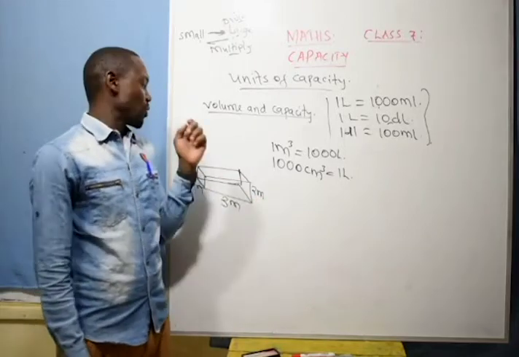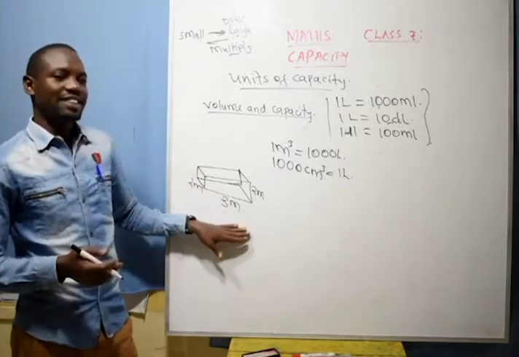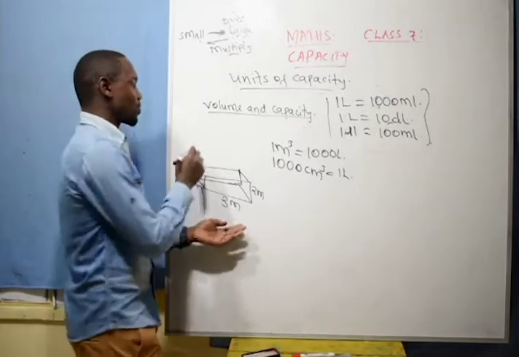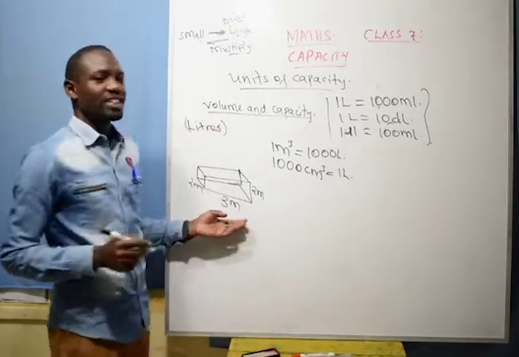How much water will this container hold when full? So here you are given the dimensions of the container in meters, so you are going to give your answer in liters. How much water in liters will this container hold when full?